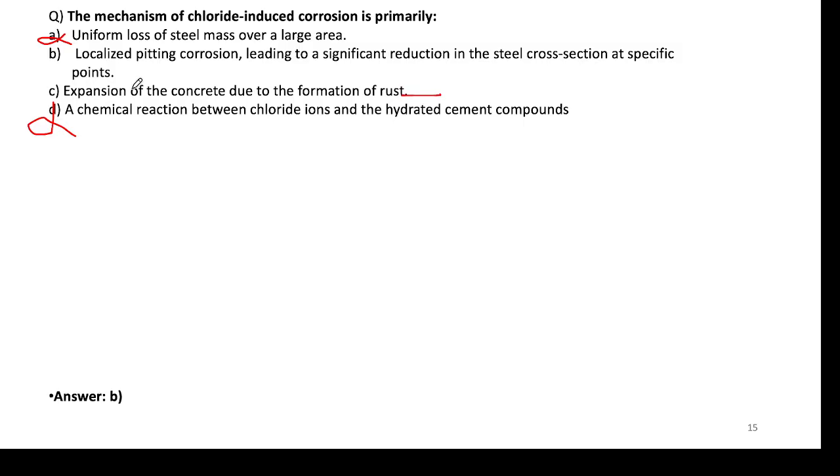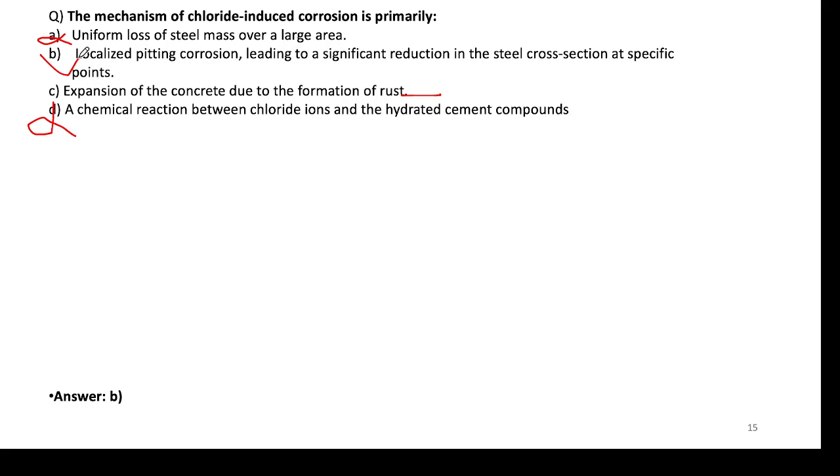Let's see the answer. Answer B is correct. Localized pitting corrosion is a characteristic of chloride induced corrosion, and that leads to a very high amount of steel cross section area loss at a specific point that can reduce the load carrying capacity of structures, because now the cross section at a particular point is reduced, which will reduce the tensile capacity of the steel because of stress concentration on that point, and that may lead to a catastrophic failure of the structures.